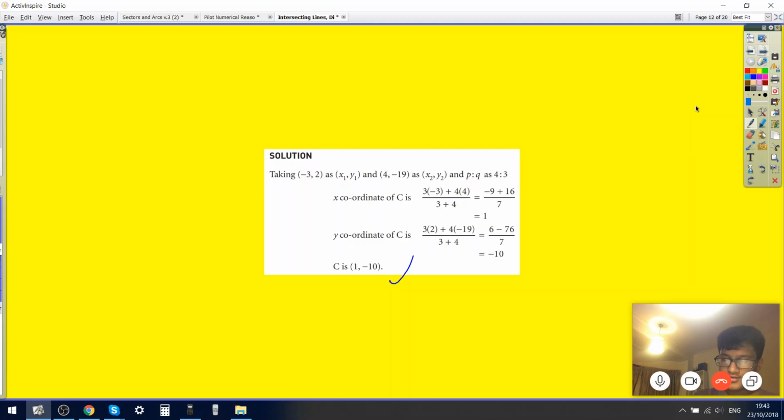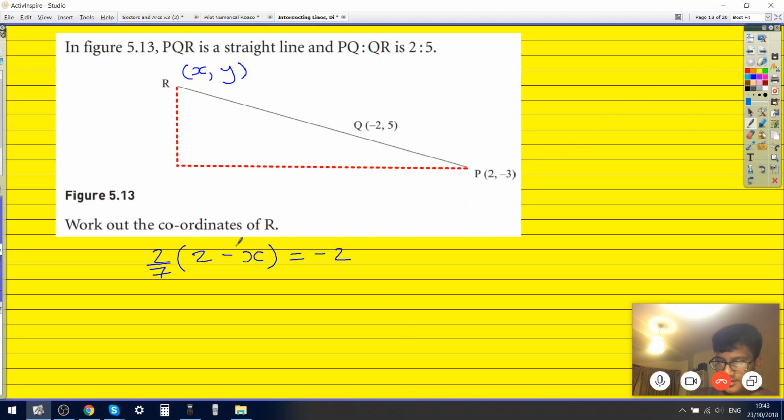Yeah. Sorry. So the starting point is 2 minus x. No, that's the difference. The starting point is x. Yeah. Plus 2/7 times 2 minus x. And so now you would try to solve it. That equals -2.